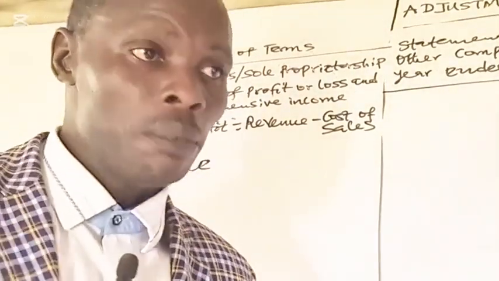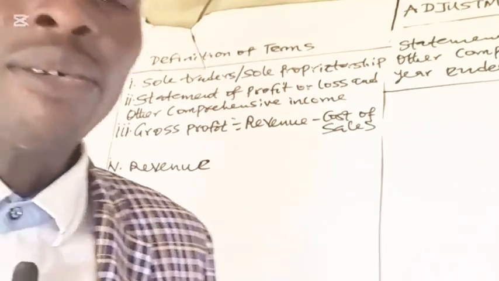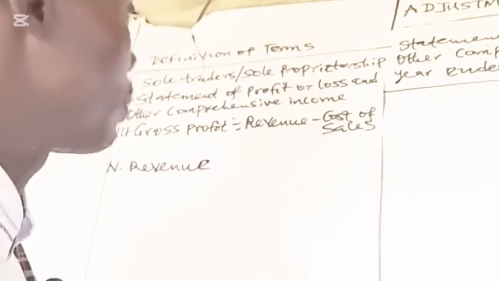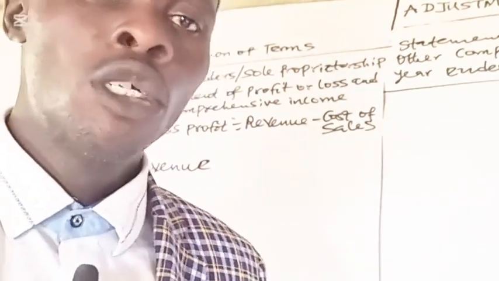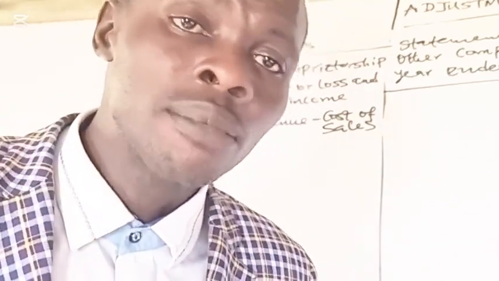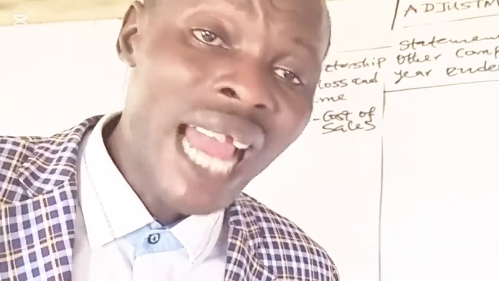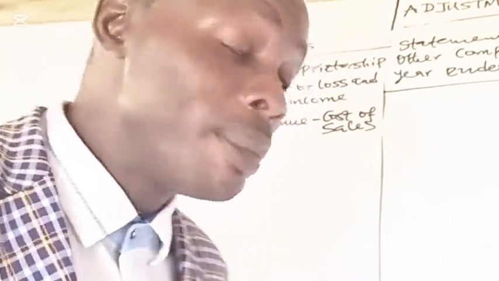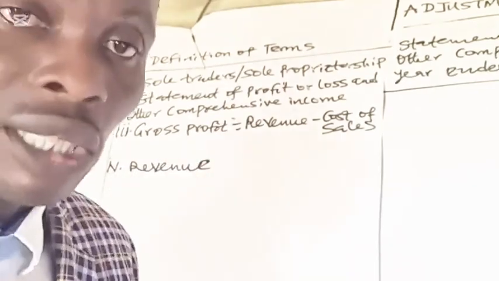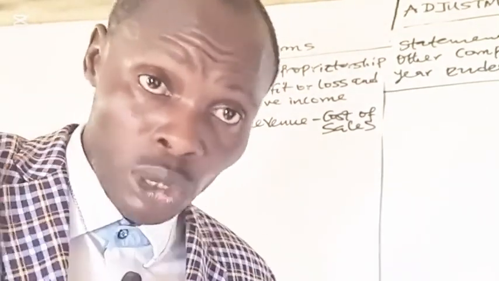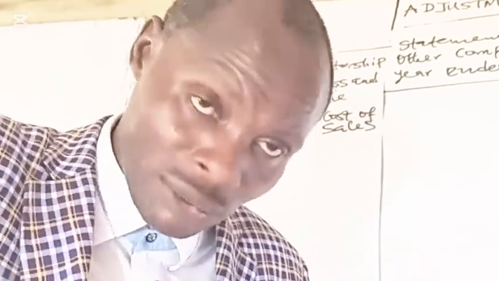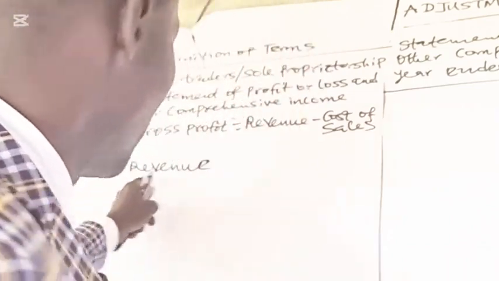Revenue is an income which arises from the ordinary activities of the entity. Ordinary activities mean the normal activities of the business, what the entity deals in. So income they generate from their principal activities is said to be the revenue.